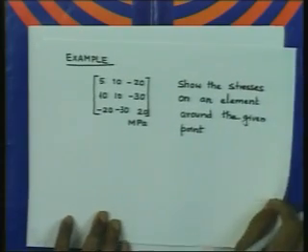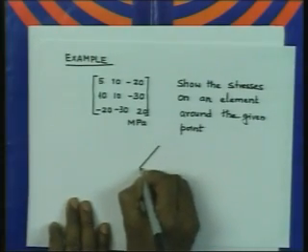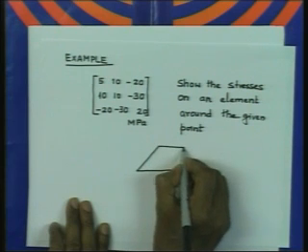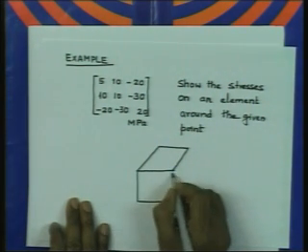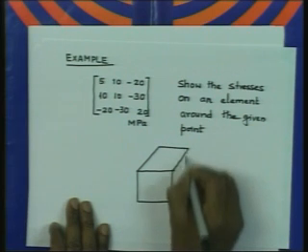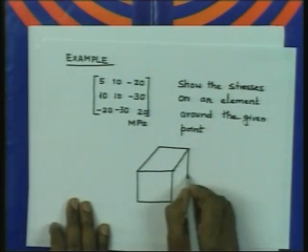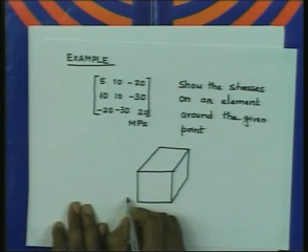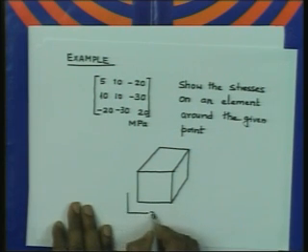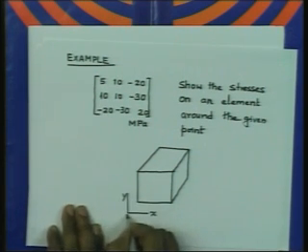So, if we now consider an infinitesimal cube around the point, I will just show the stresses on the positive faces, and we will have the same convention for the axes.